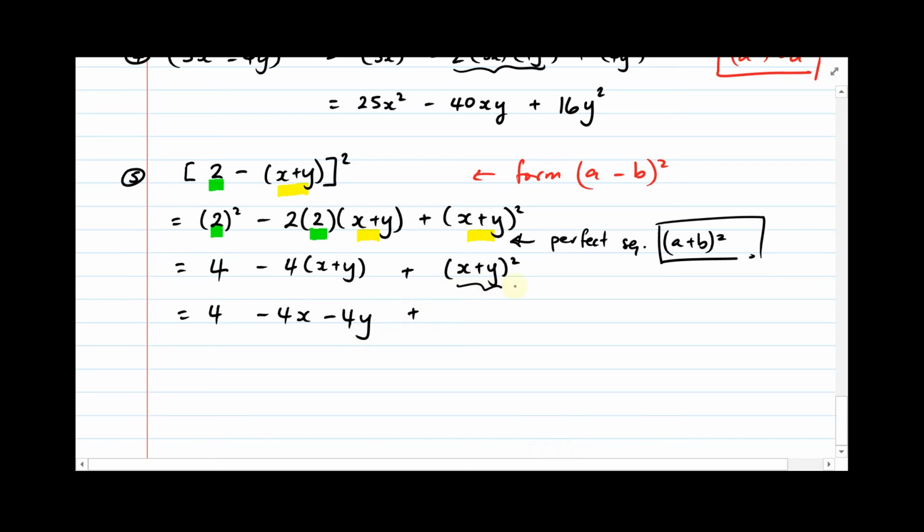And using my perfect square, x squared, right, whoops, sorry about that, picked up the wrong pen. Okay, let's pick up the highlighter. So this is my perfect square. I'm going to be using the form x squared, 2xy, plus y squared.